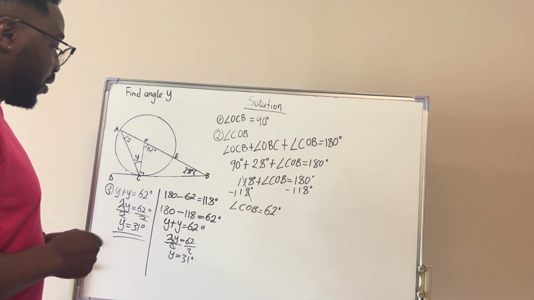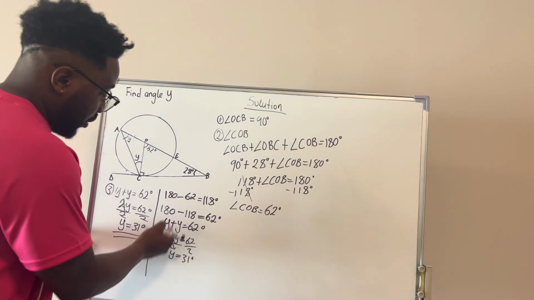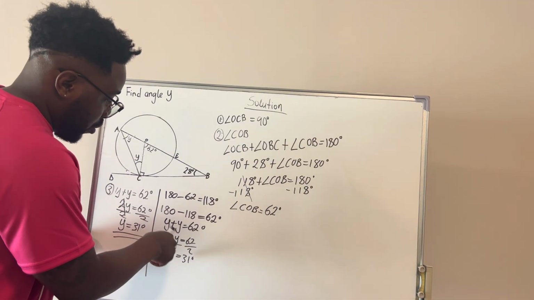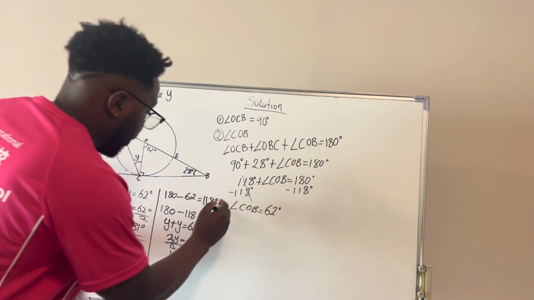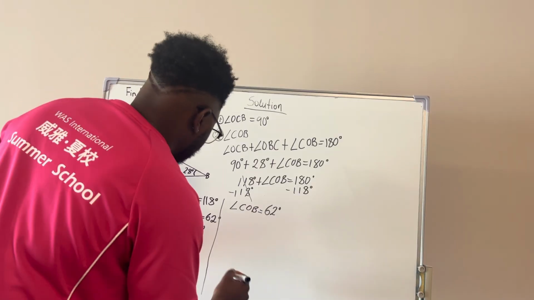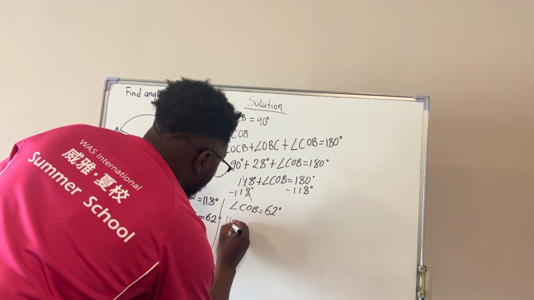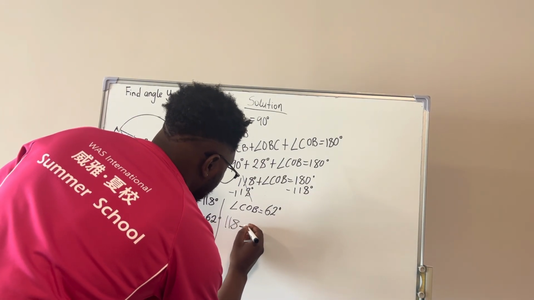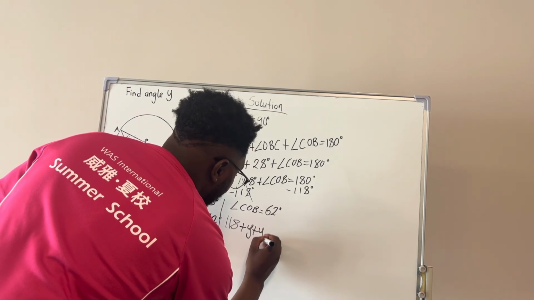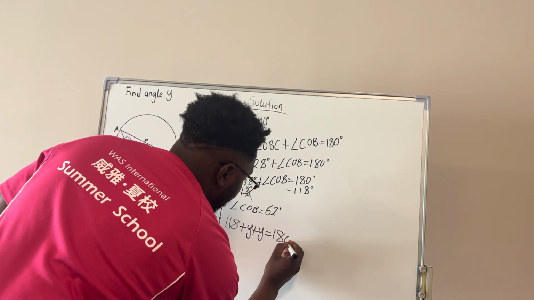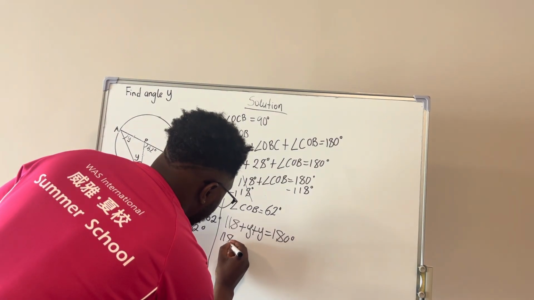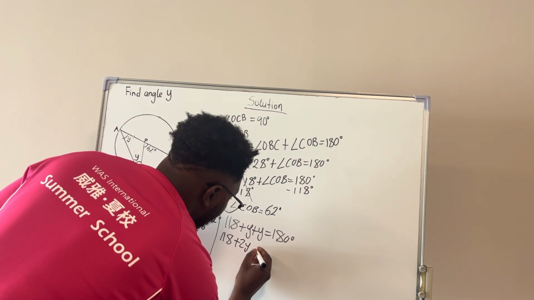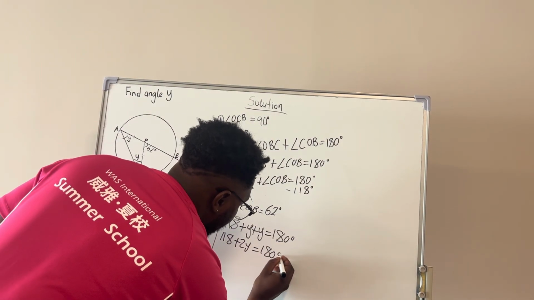Okay, now if you don't want to go with it like this, at this step what you can simply do is 118 plus 2y equal to 180.